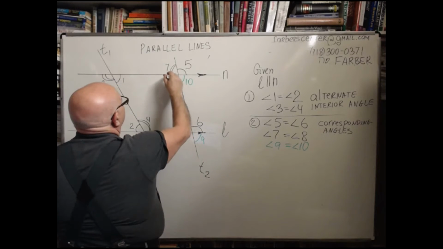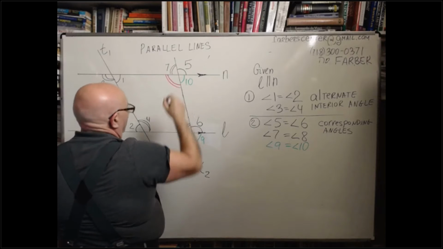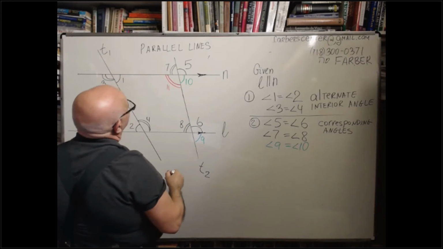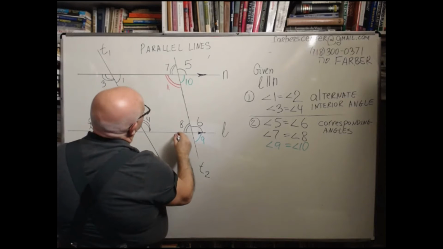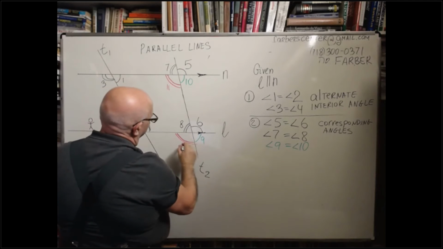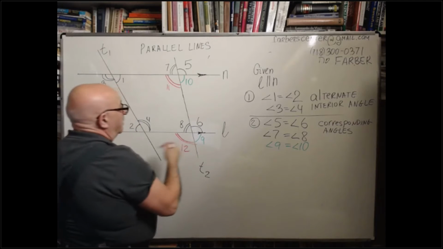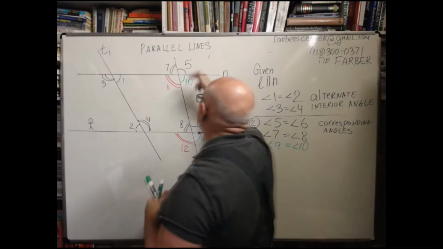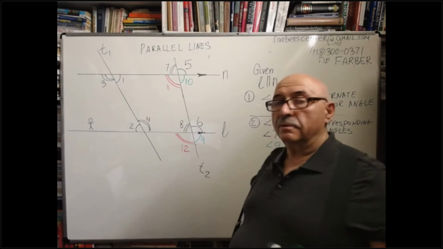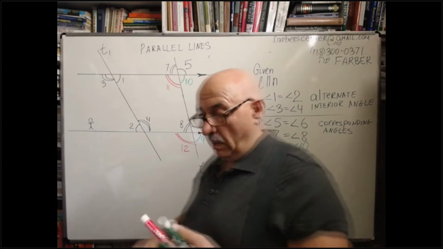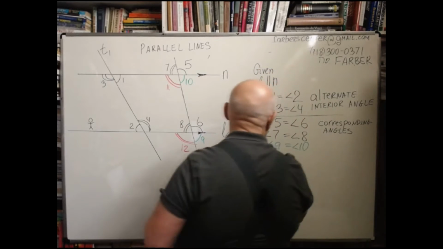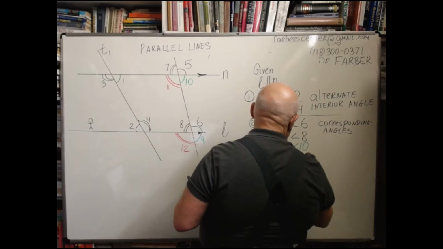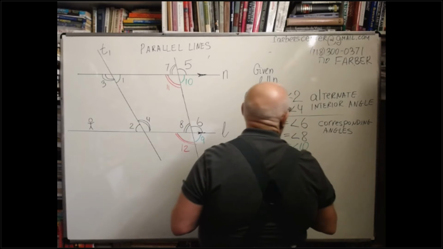Or I can make this one angle 11 and angle 12. Don't memorize this. It's simple logic. What I do, one outside, one inside, corresponding angles. Angle 11 equals angle 12. Corresponding.